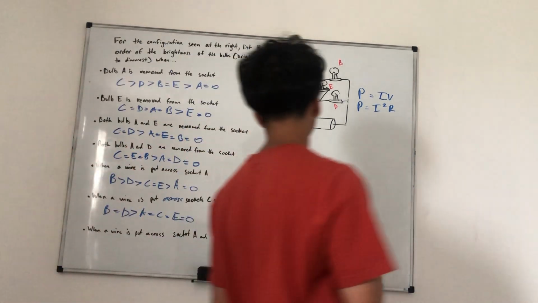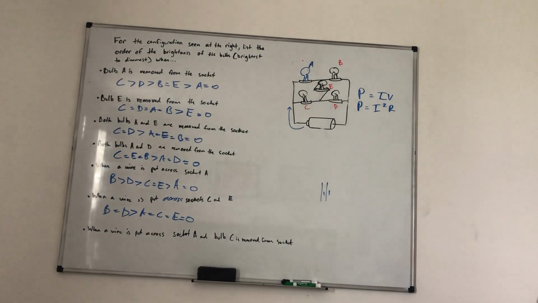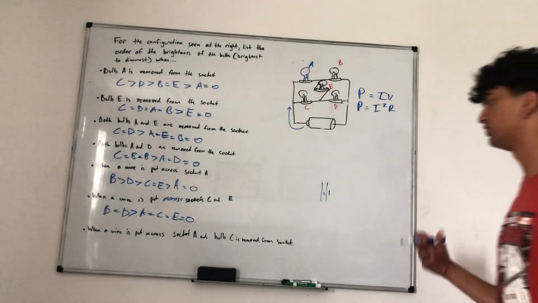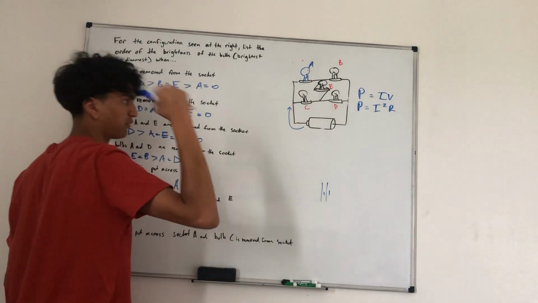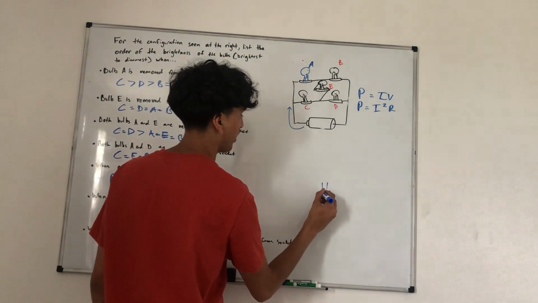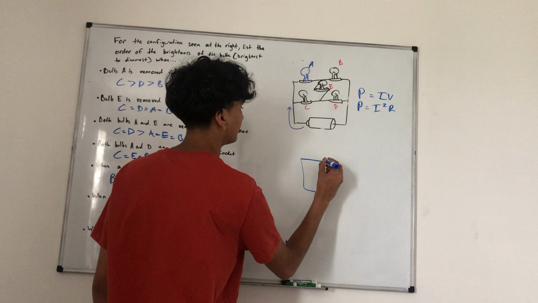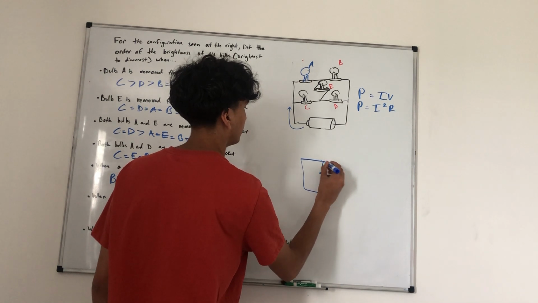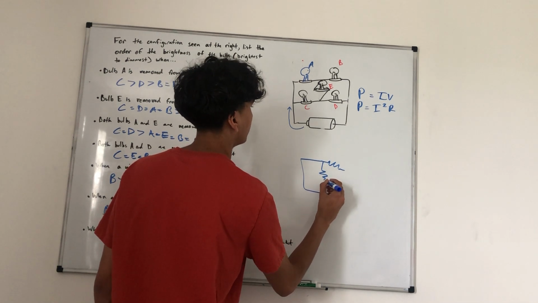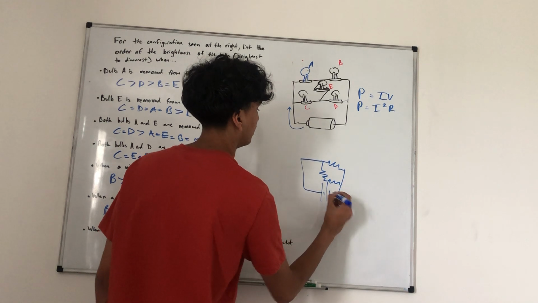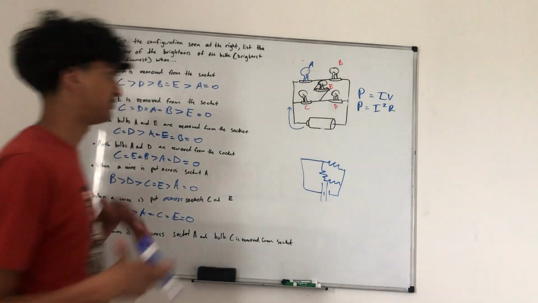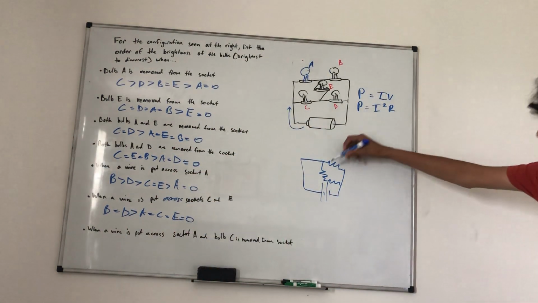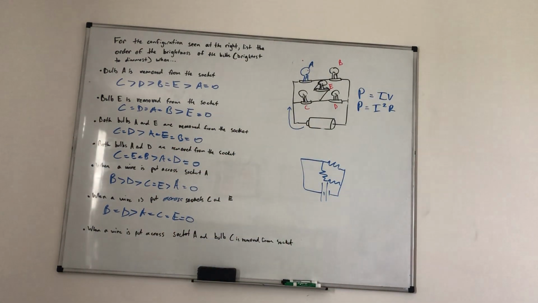So, if we think about when a wire is put across sockets A and bulb C is removed from the socket, removing the bulb cuts off the wire, so we get something like this. And this one is actually pretty straightforward because we get that same scenario where you have two in series, so they're going to have the same current going through them.